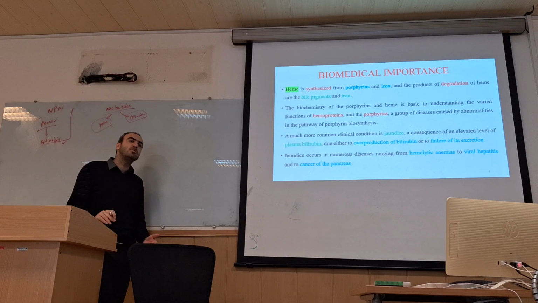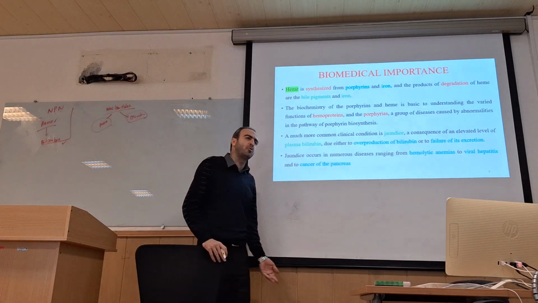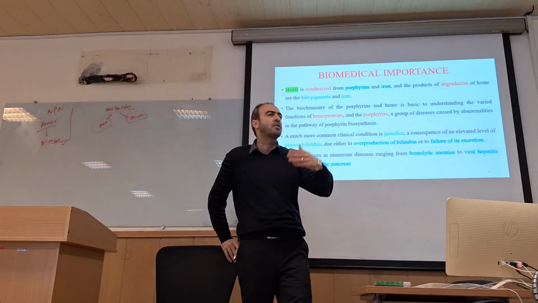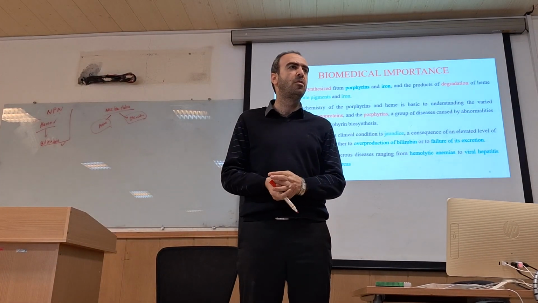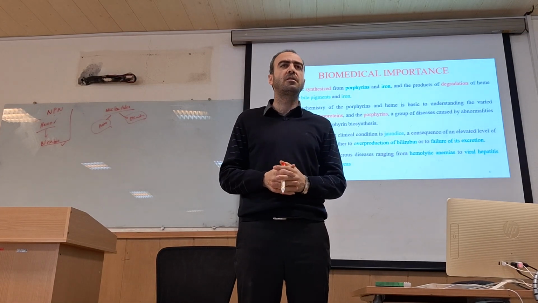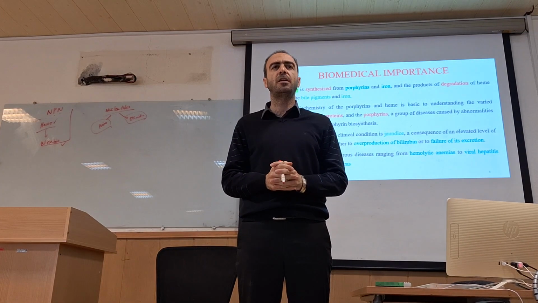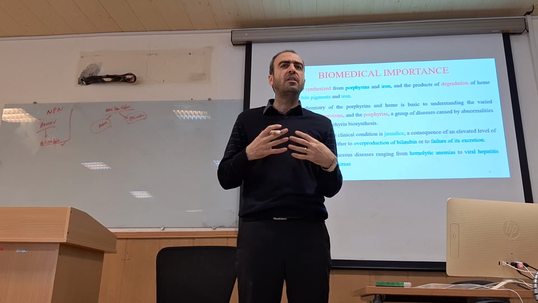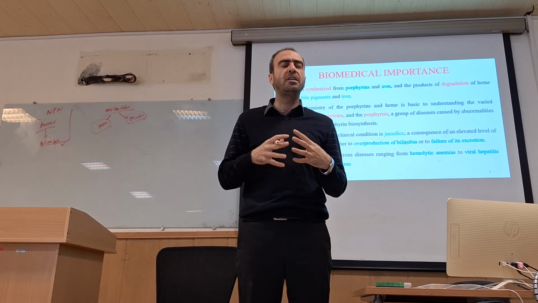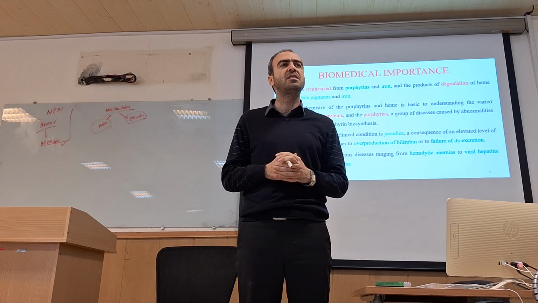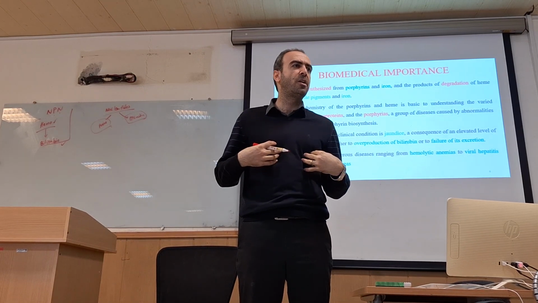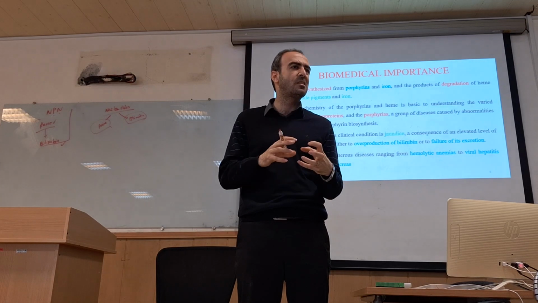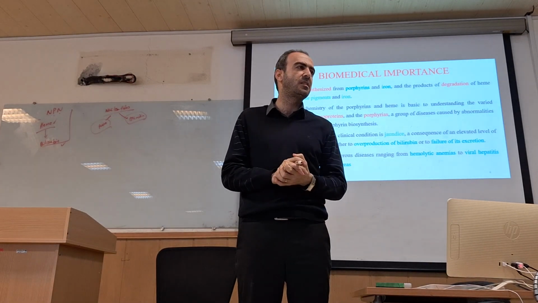But in addition to hemoglobin, we have other proteins like cytochrome, which I taught you yesterday, or some specific enzymes that contain heme. Which organ in our body is responsible for protein synthesis?